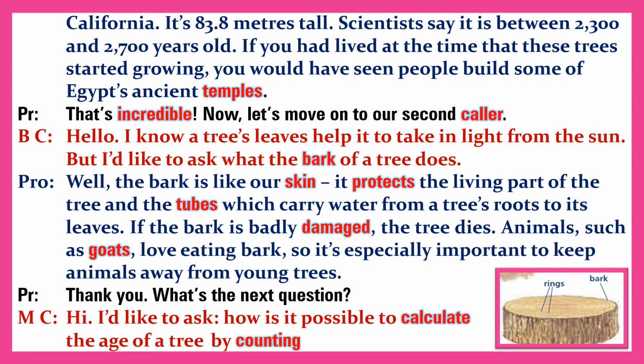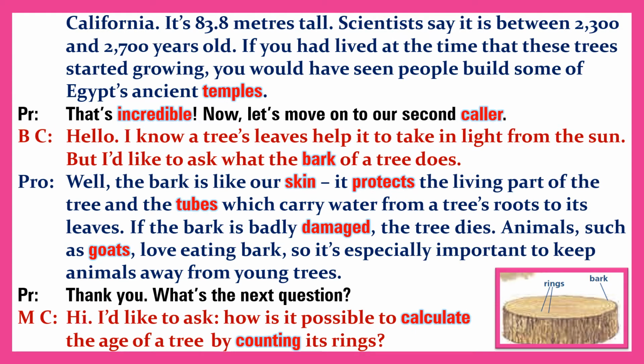If the bark is badly damaged, the tree dies. Animals, such as goats, love eating bark, so it's especially important to keep animals away from young trees. Presenter: Thank you. What's the next question?